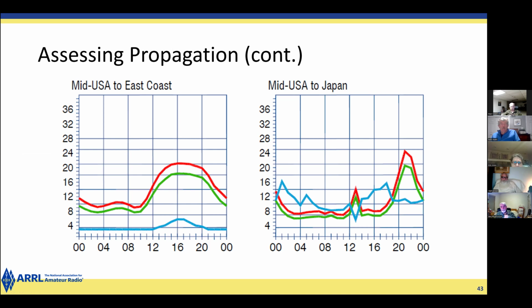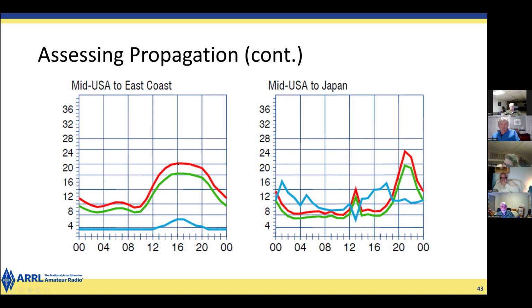The green line is where you have a 50% chance of it being the maximum usable frequency, and the red line above that is the maximum usable frequency that covers 90% of the time, which is to say that it is actually less likely, but 90% of predictions, this is sort of the outlier, and you can expect to get through on frequencies between these two lines only about 10 to 40% of the time.